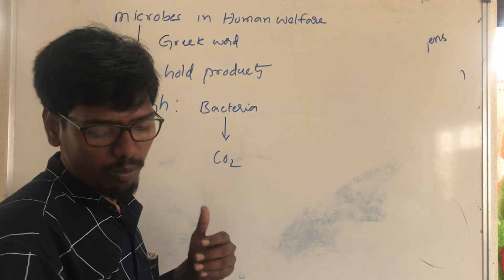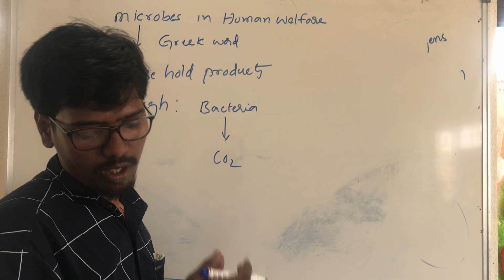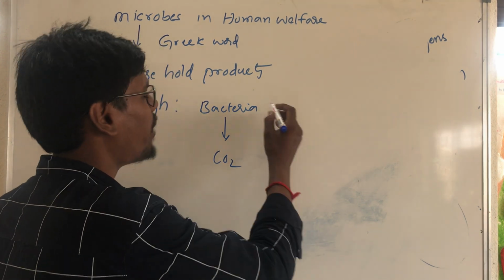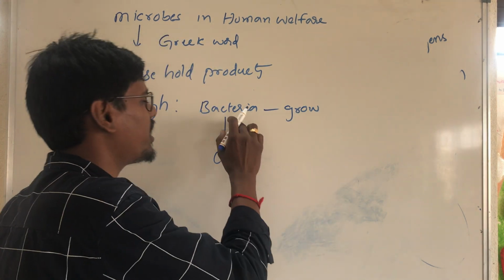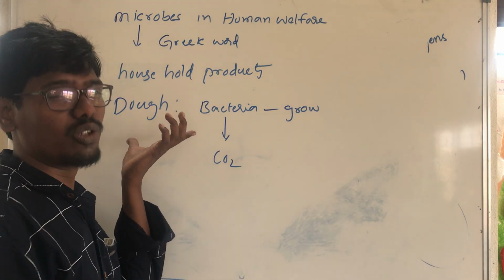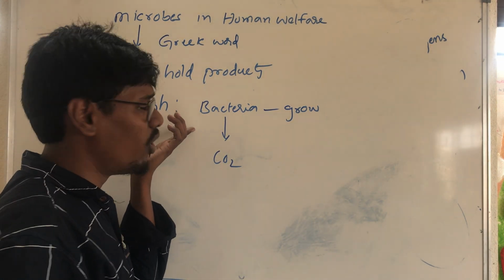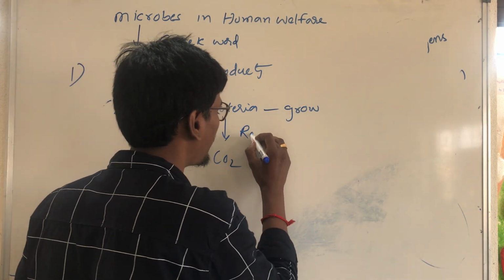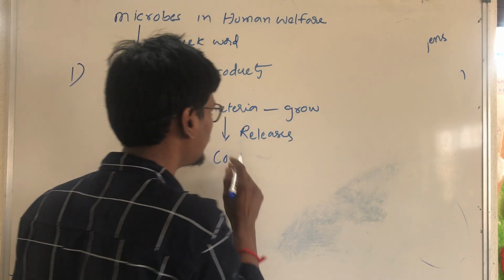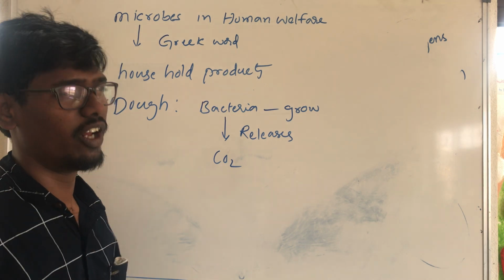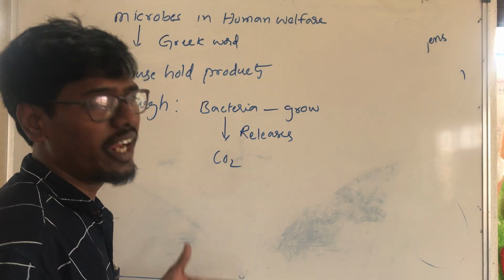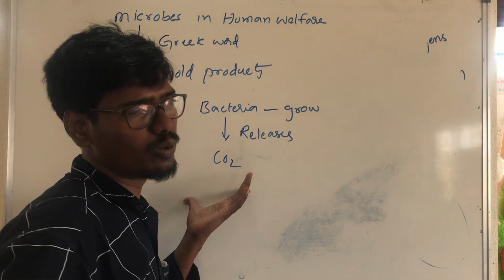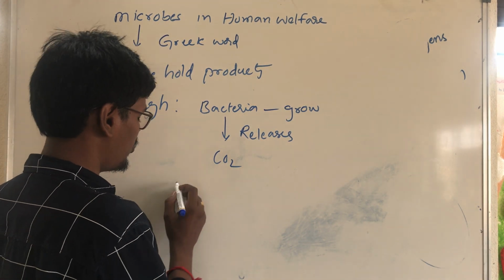A bulged or bubble shape means the bacteria grow in our dough and release carbon dioxide. After one day, it is ready to prepare idli or dosa.